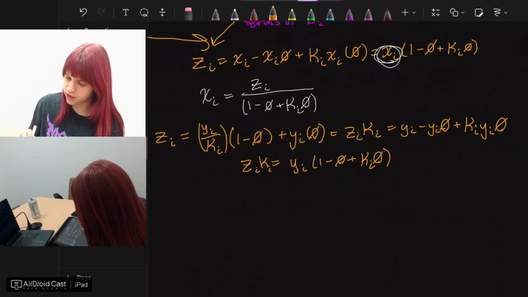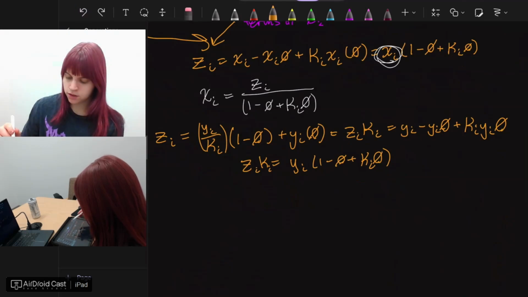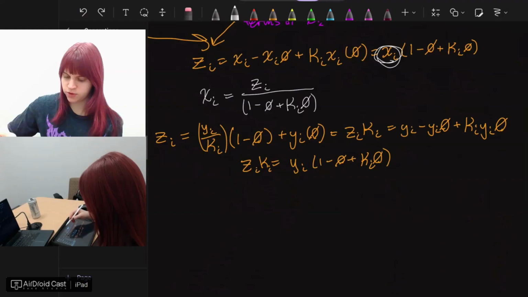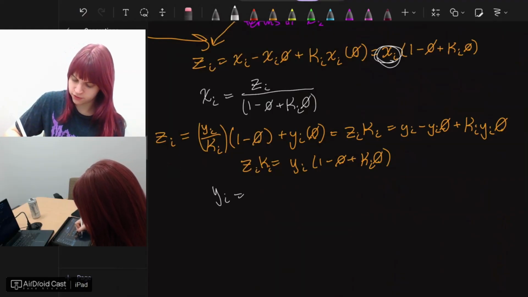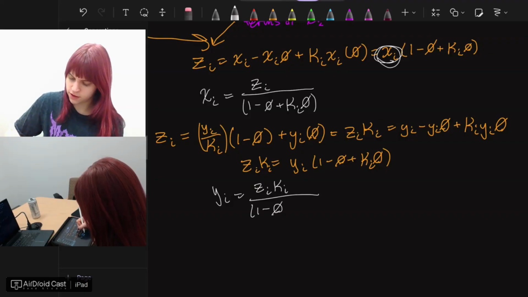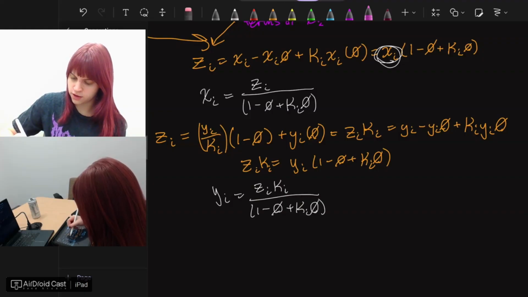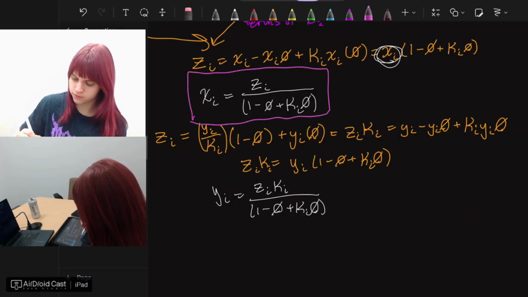And notice that this is the same as above. The only thing that is different is we have that ki term, so when we isolate yi, we have zi ki divided by the 1 minus phi plus ki times phi. And those are our two main equations right now.